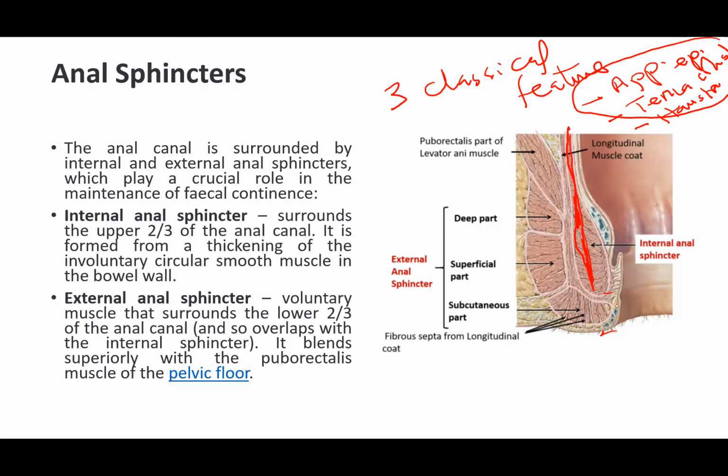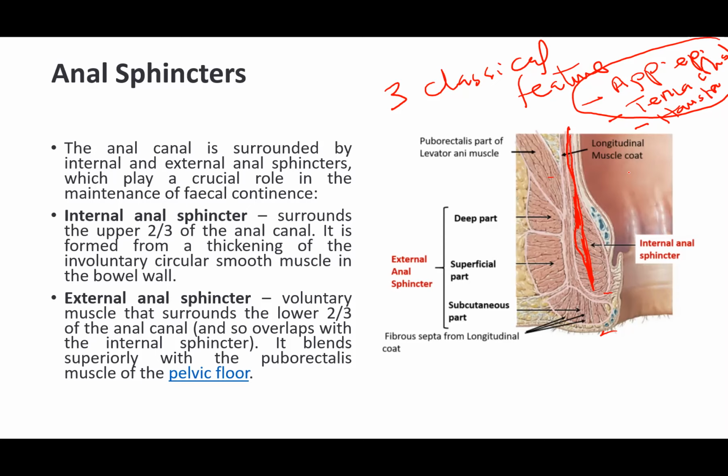The external anal sphincter is a voluntary muscle that surrounds the lower two-thirds, you can see from here upward, lower two-thirds of the anal canal, and so overlaps the internal sphincter. It blends superiorly with the puborectalis muscle of the pelvic floor.